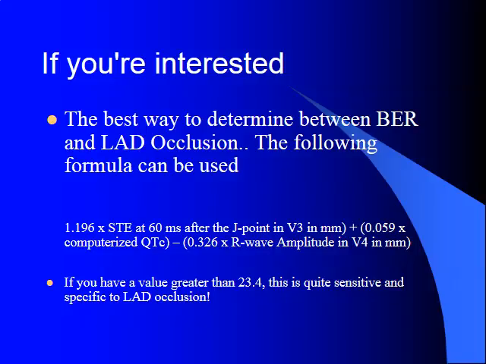This formula can be used to determine between benign early repole and acute STEMI. But I'm not going to expect anybody to remember that. Not really something that's real practical for us to do out in the field. But still something to keep in mind if you ever have a question after a call of whether or not something was a STEMI, and you can pull this formula out. I've used it several times, and it's pretty handy at times.